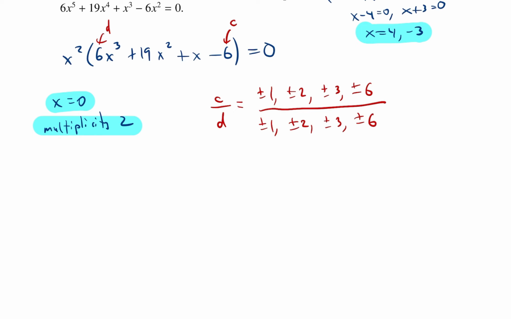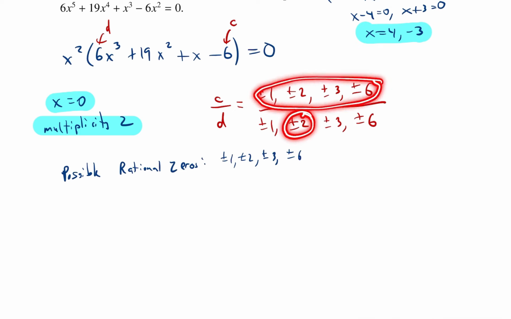All right, so let's start with the first one. When we divide by 1, that just gives us the remainder. So the possible rational zeros are going to be plus or minus 1, 2, 3, 6.